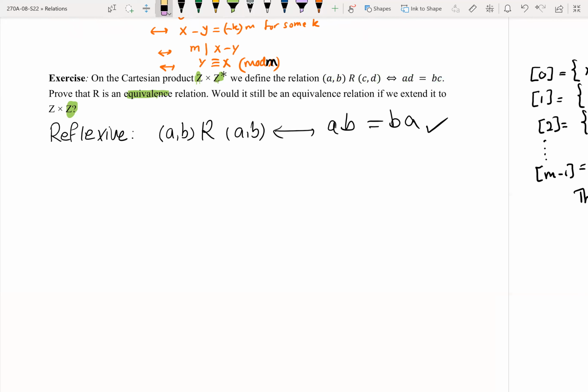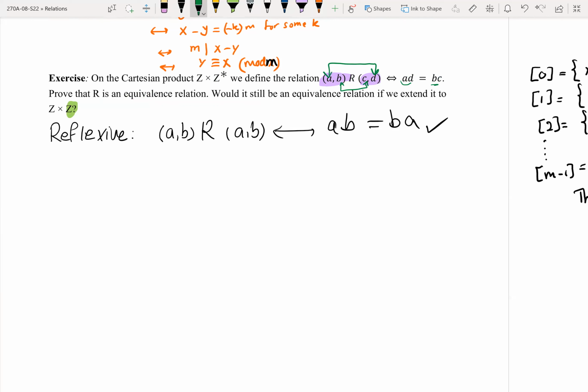First of all, the relation is not in our hands, it's given to us. It says some element is related to the other element by this definition. What's the definition? Your A times D must be the same as B times C. That's not in my hands, it's given in the problem.